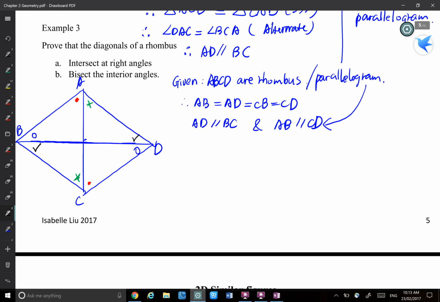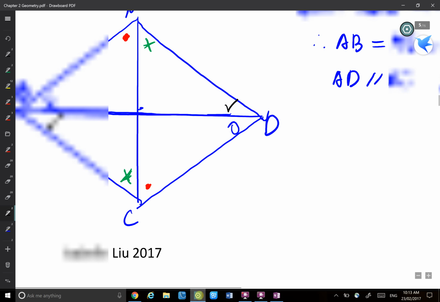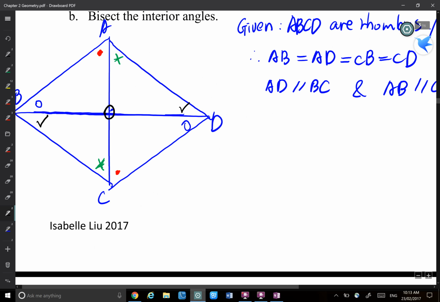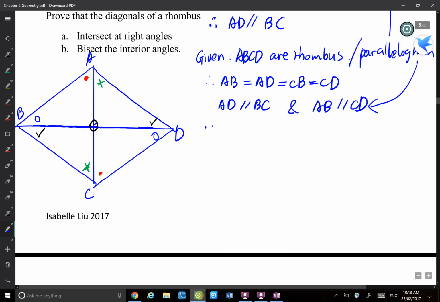Okay, so the next thing is, let's say the diagonals intersect at the point O. Because BA equals BC, the angle OAB equals the angle OCB.